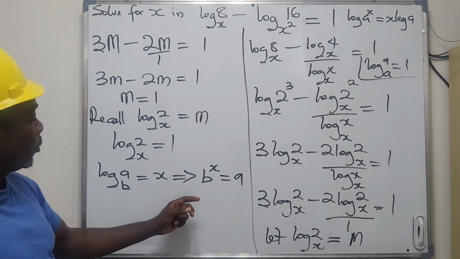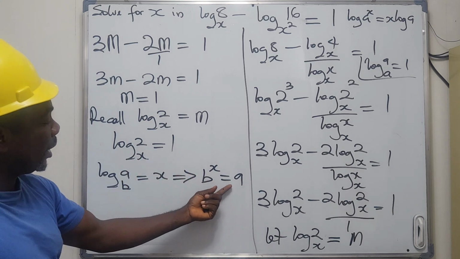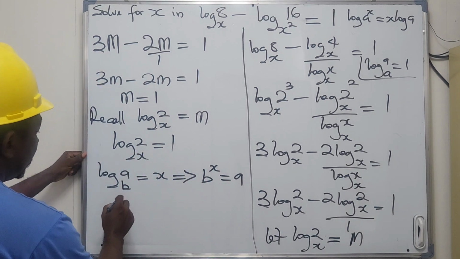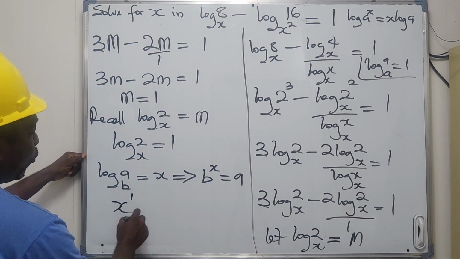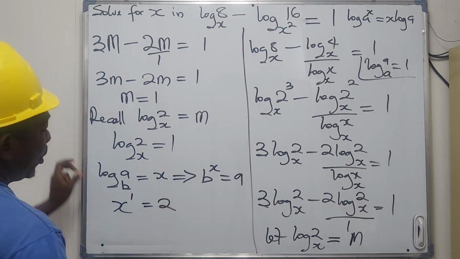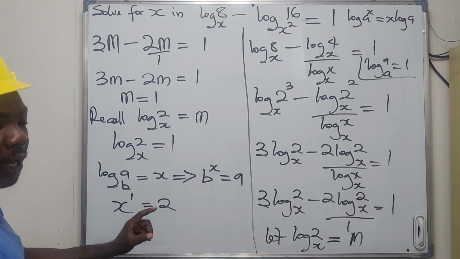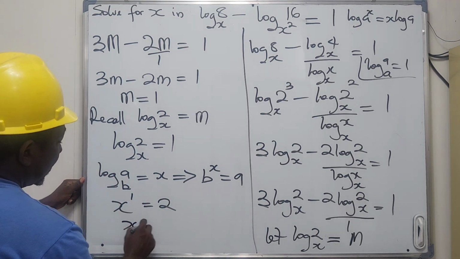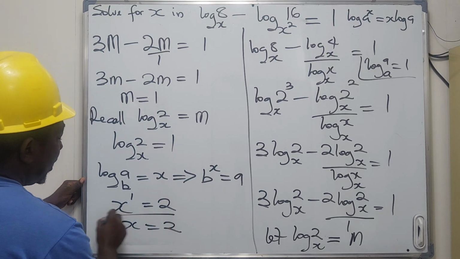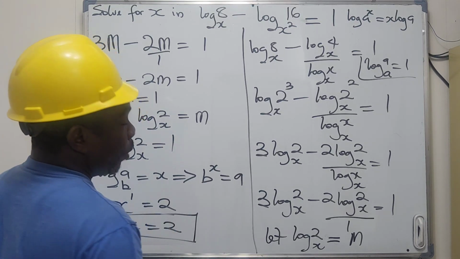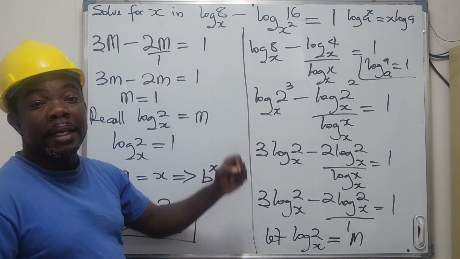This is a law, so we express this in this format. So this will give us x to the power of 1 equals 2. x to the power of 1 equals x. So therefore, our x equals 2. This is the value of x that we have, and it satisfies that equation.